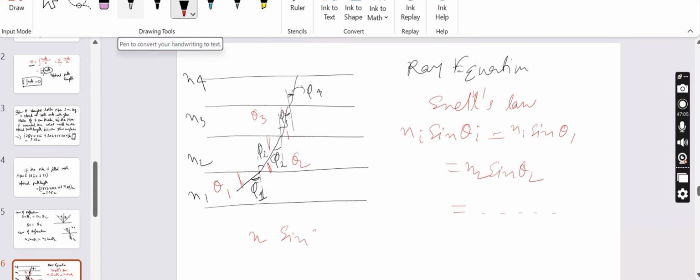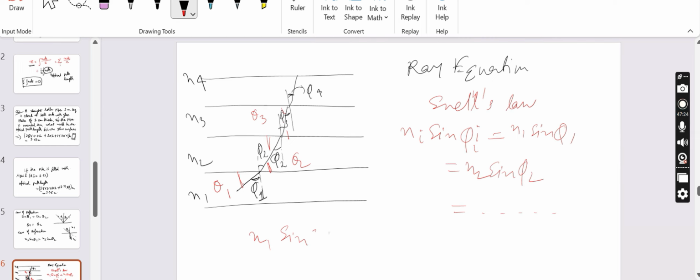Sorry, I shouldn't write it like theta in that case, because we are denoting the angles phi 1, phi 2.